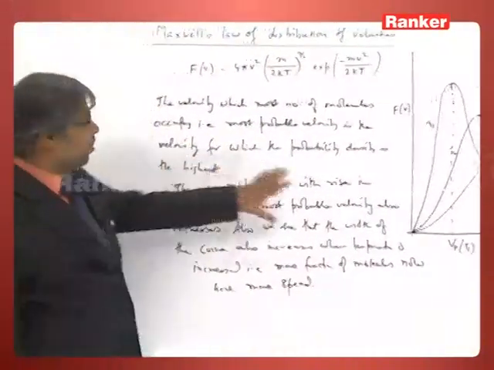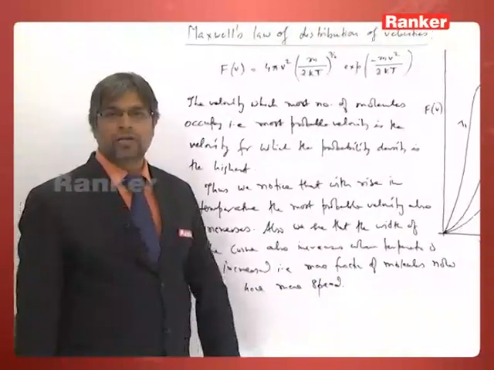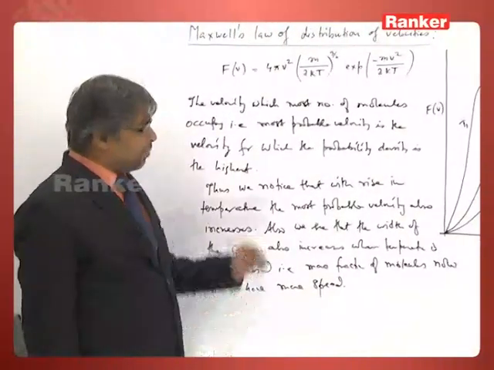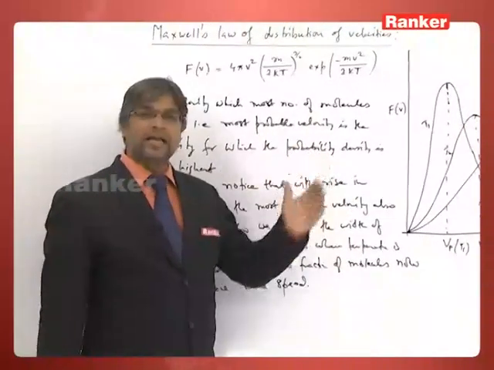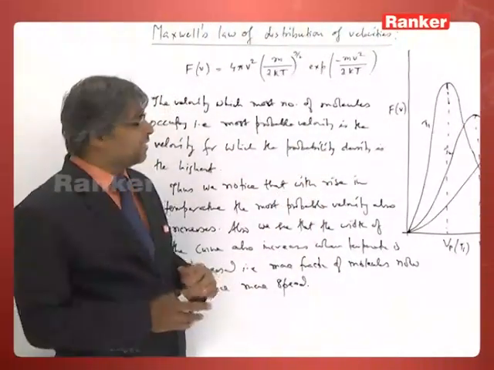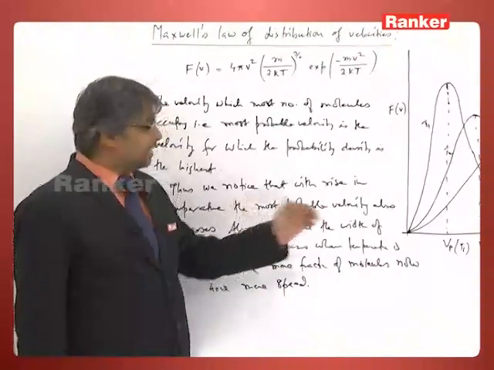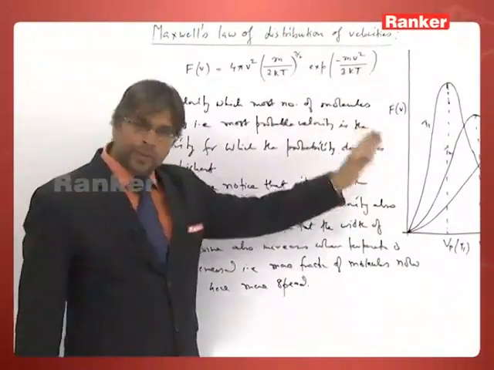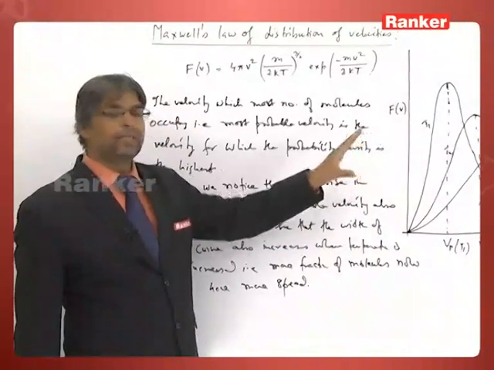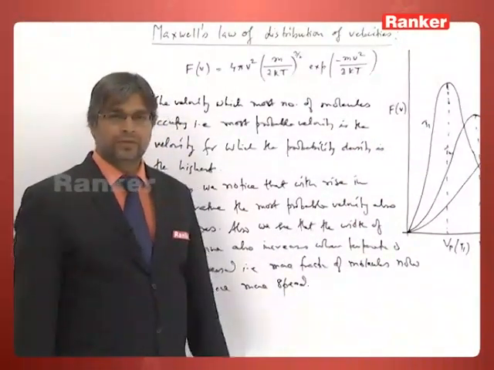So this is what Maxwell's law of molecular velocities is. Now based on this graph, we will see there are three types of average we can define for molecular speeds: the average speed, the most probable speed, and the RMS speed of molecules.